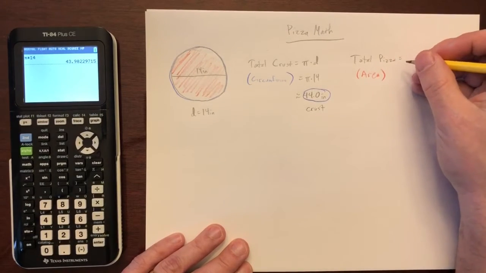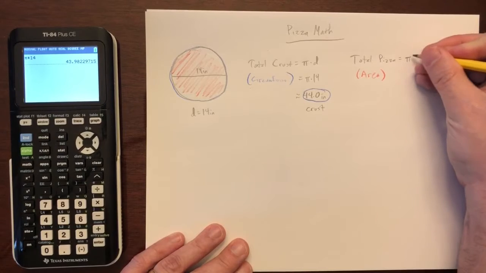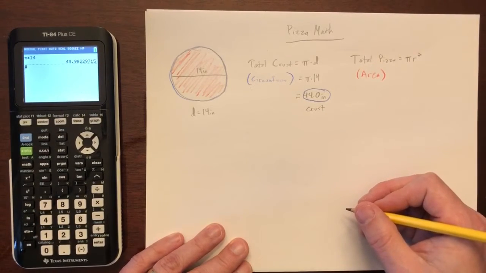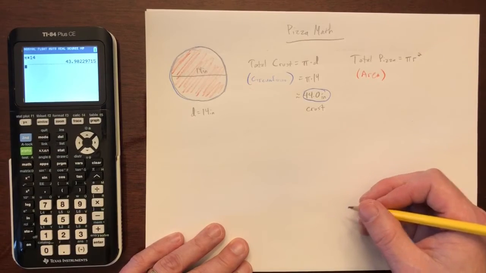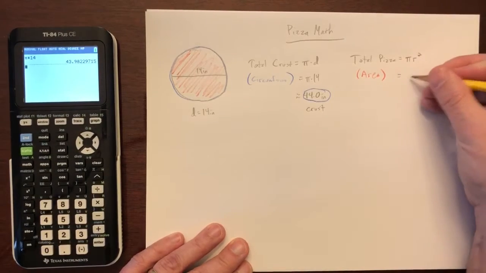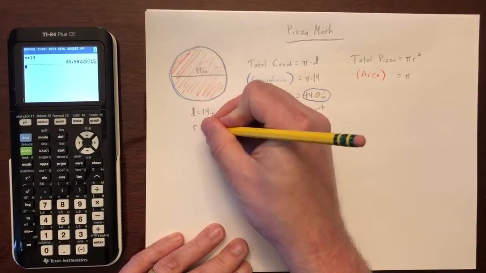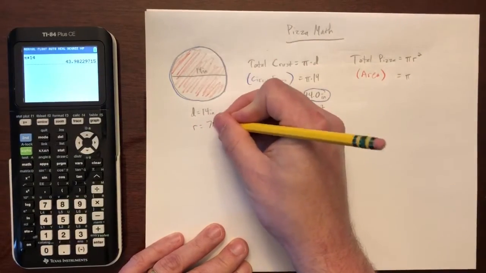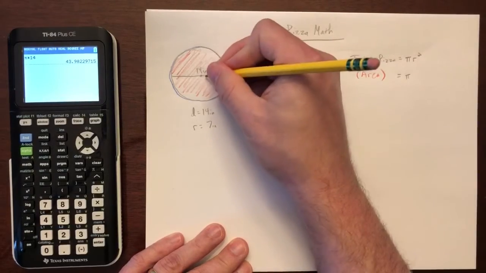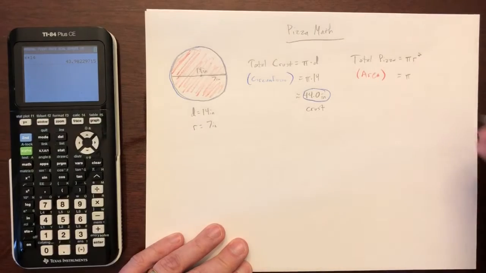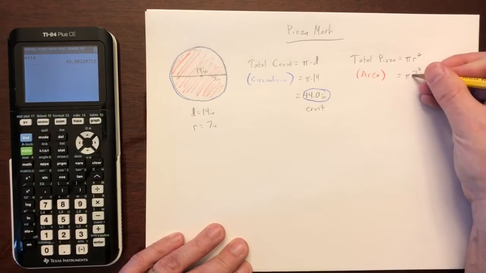So what is the area of the pizza? Well, you discovered this probably a long time ago, but with that was Khan Academy videos, pi times the radius squared. That's what you've been doing on the previous assignment. So in this case, pi times, well, if diameter is 14, what's the radius going to be? 7, right? Diameter is all the way across, radius is just halfway across, okay? And so pi times 7 squared.